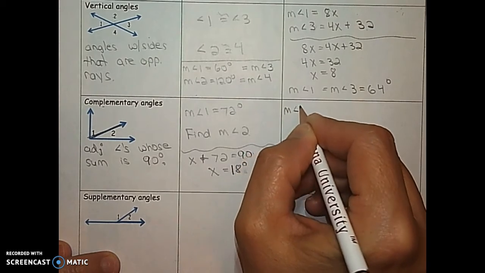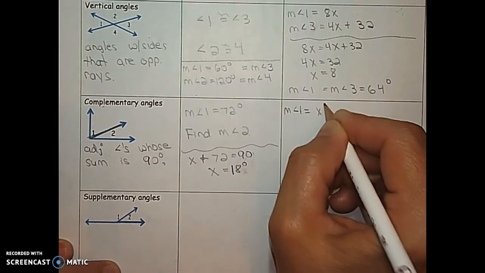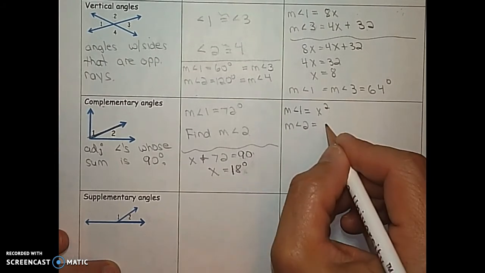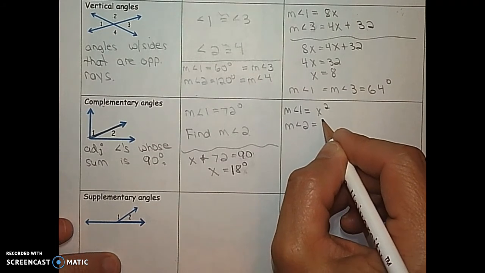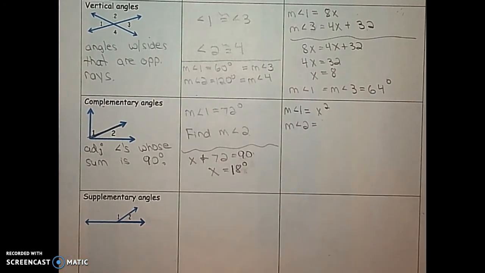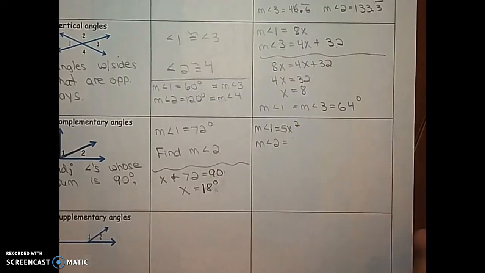Let's suppose we were given the measure of angle 1 is 5x squared.